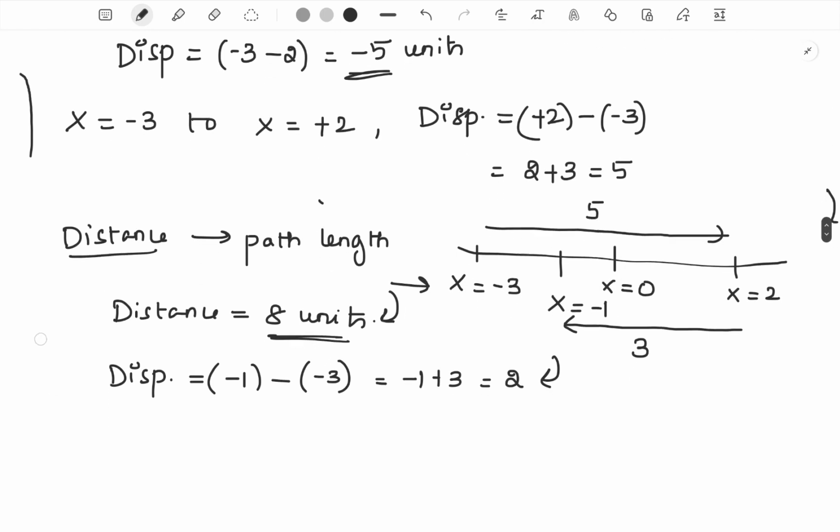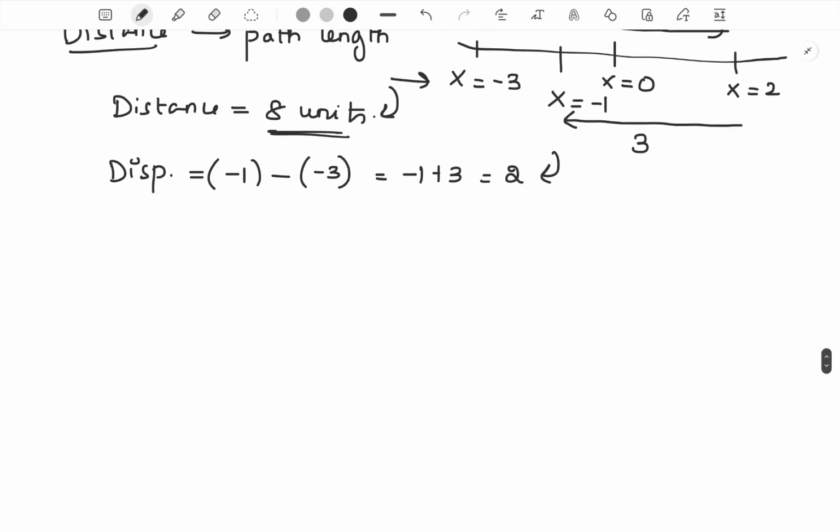If we think clearly about this difference between distance and displacement, distance will be equal to the displacement magnitude. The reason I'm using the word magnitude of the displacement is, as we have observed in the previous example, the displacement could either be positive or negative.